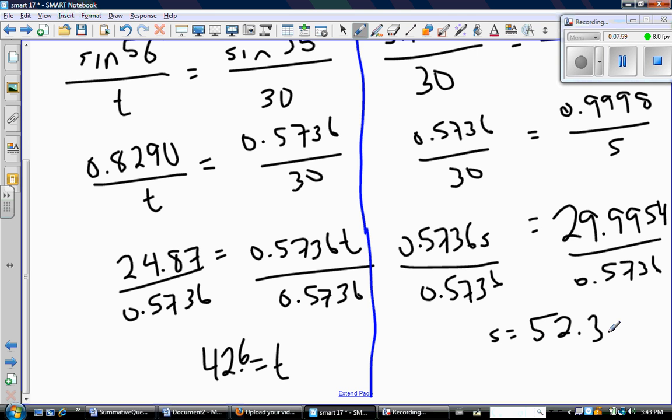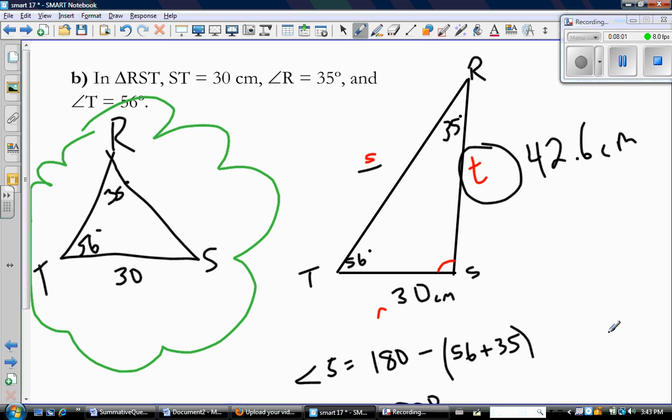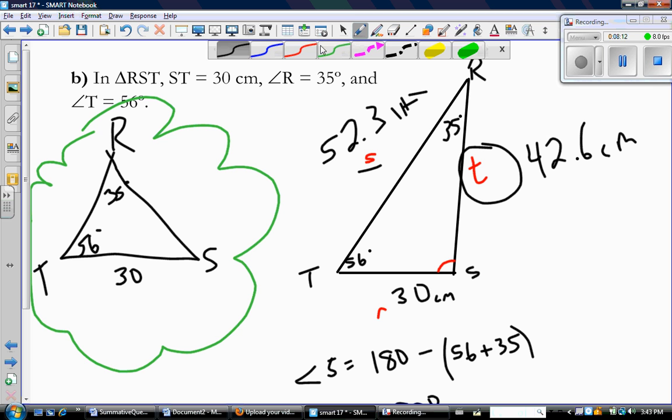And if I look back at my diagram, that makes sense that this could be 52.3 centimeters. So that's the value. I've solved the triangle. The missing angle was 89 degrees, this side is 42.6, and this is 52.3.